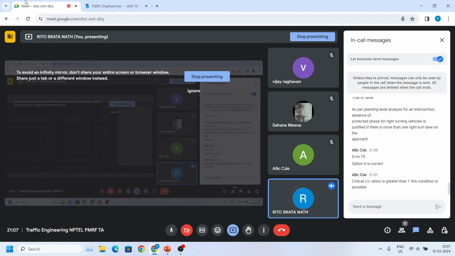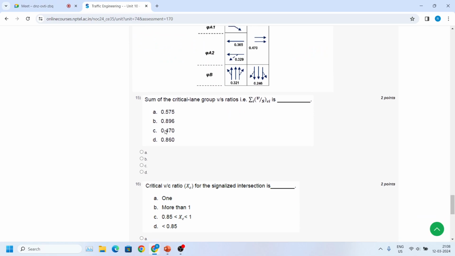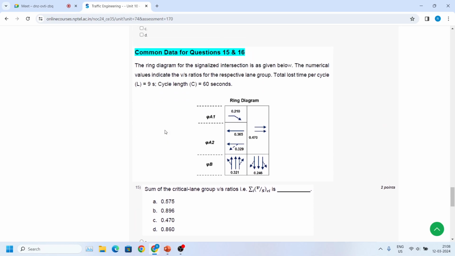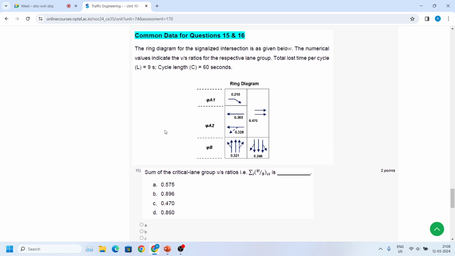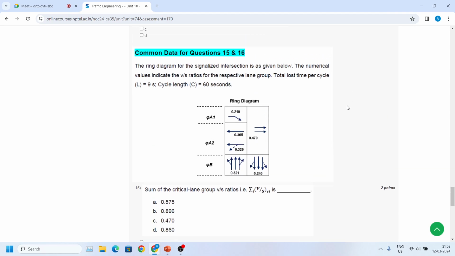It's greater than one, is this condition possible? Critical V by C. Yeah, maybe possible, but I'm not sure. I have to work it out with these values that are given. Let's see.